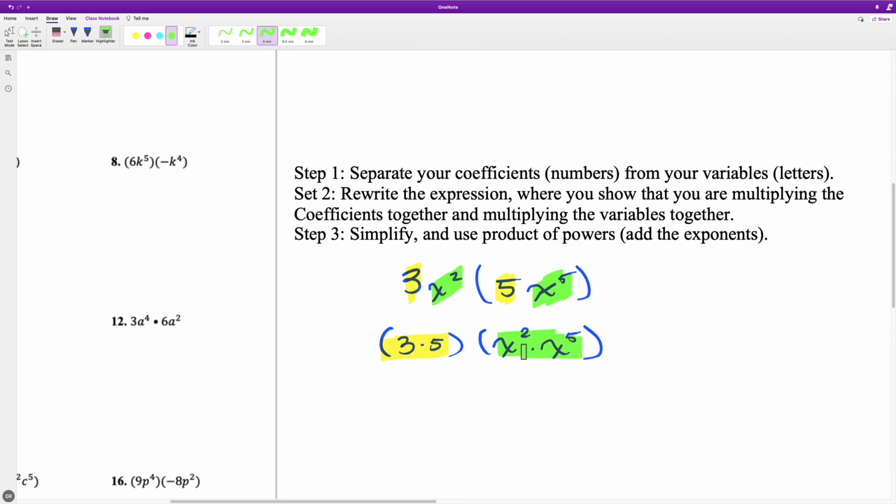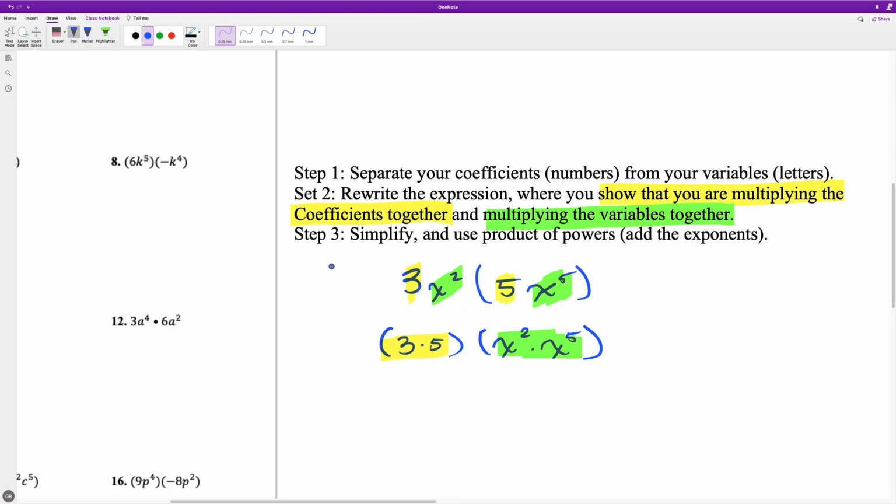We're multiplying yellows with yellows and greens with greens. That's the way of looking at it as well. And then in step two we're showing that we're multiplying the coefficients together, and then we're also showing that we're multiplying the variables together. See?